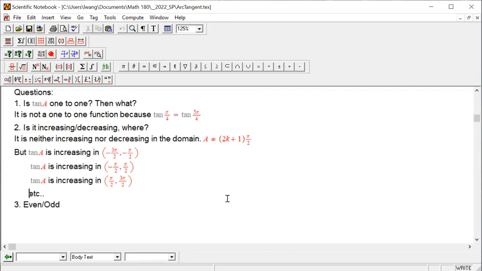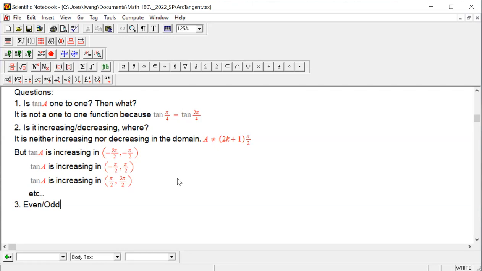Even or odd? If you look at the homework questions, you probably have recognized it. Is it even or odd? Look at what we did when we were doing the tables: we did points from 0 to 2 pi, and we did -2 pi to 0.